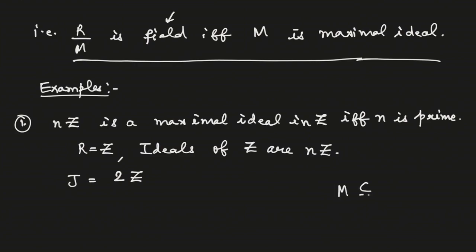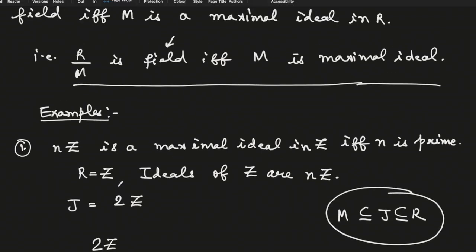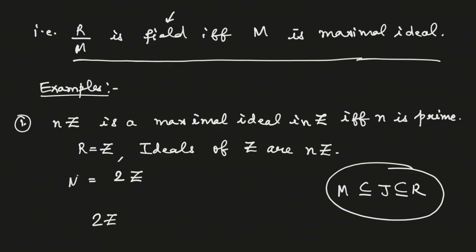M is contained in J and J is contained in R. So M is 2Z.